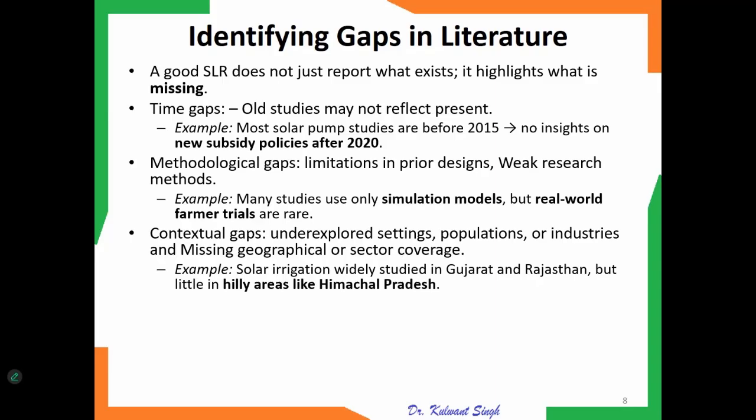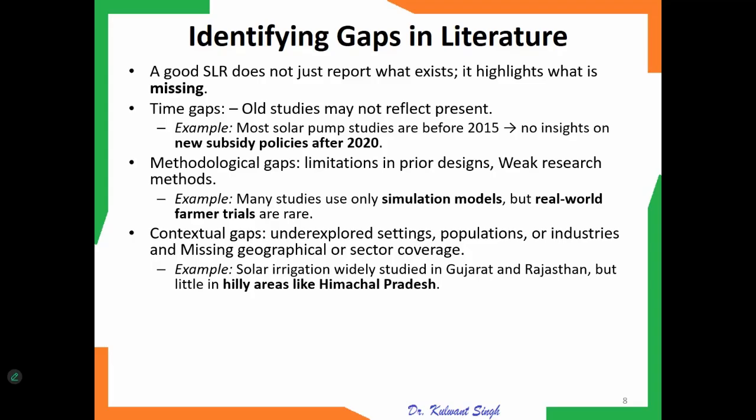Then a contextual gap may be there. Any unexplored settings, a population gap, an industry gap, or any missing geographical or sector coverage may be there. So you can highlight the gap. In the same example, solar irrigation is widely studied in Gujarat and Rajasthan, but little in hilly areas like Himachal Pradesh.